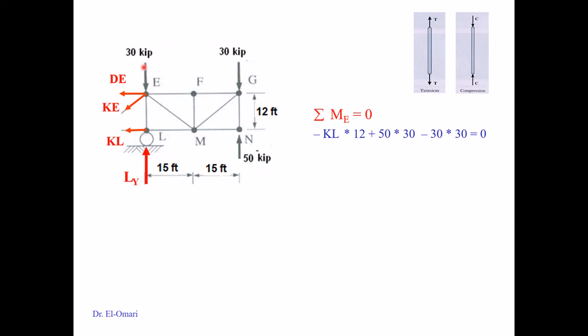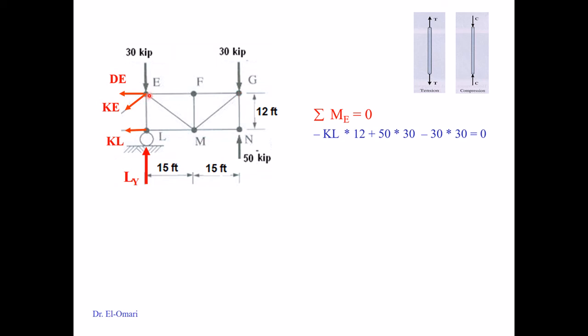So KL is rotating negative and multiplied by the moment arm that is perpendicular to the force line of action, the 12, and then 50, which is this force, multiplied by, you're taking a moment about this point, so multiplied by these two bays, 30, rotating positive, and then 30, that force multiplied by the moment arm, which is perpendicular to this line of action, is 30.